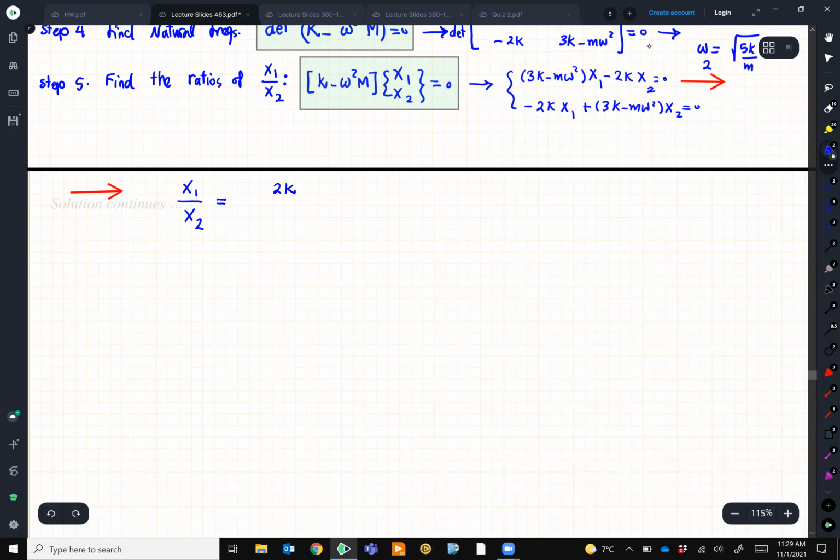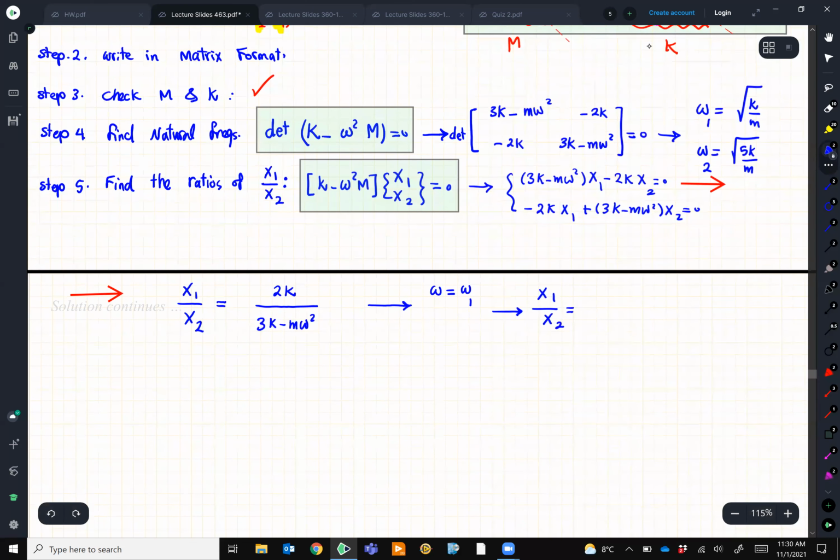So one time, just substitute omega equal to omega 1. You will find x1 over x2. Let's put omega equal to omega 1, which is square root of k over m. It gives me 1.